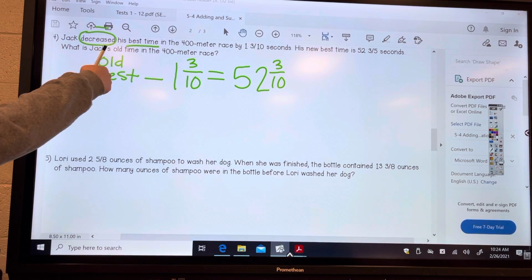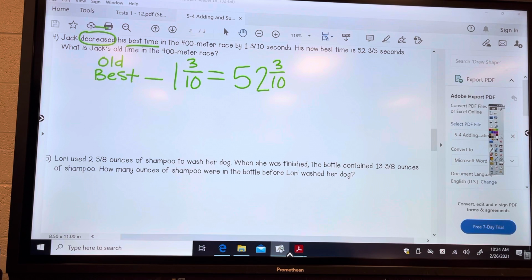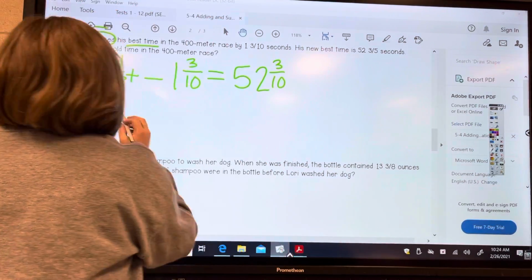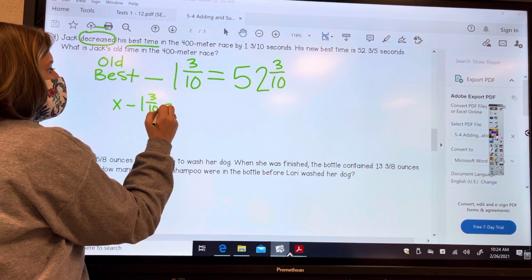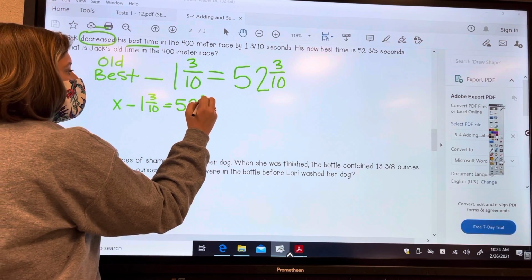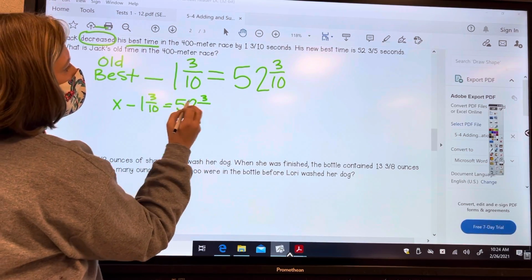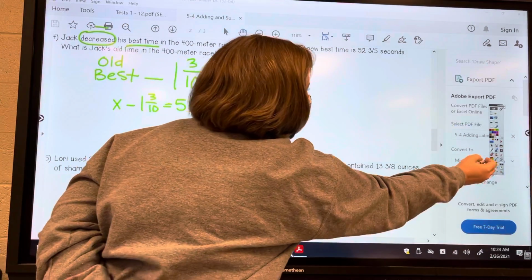Should I leave it with the words old best there? What should we do? Put a variable. What letter do you want to use? X. Okay. So I'm going to put X minus 1 3/10 equals 52 and, oh, wait a minute, 3/5. This is supposed to be a 5 right there.